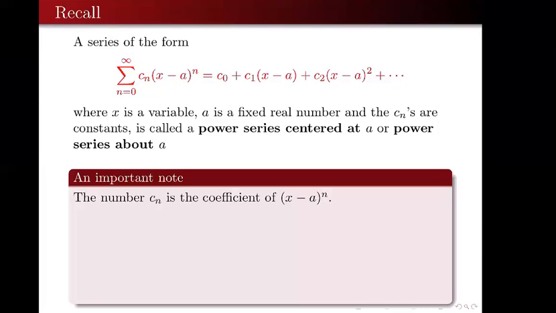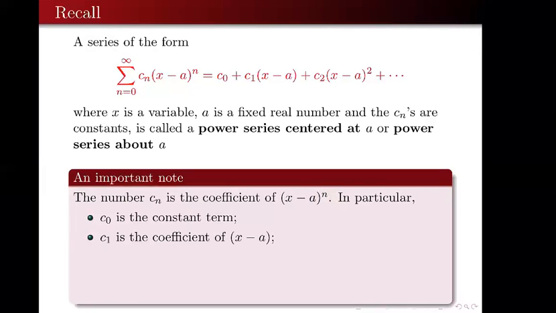Some important things to note. The c sub n is the coefficient of the term x minus a to the power n. The subscript of c corresponds to the power of x minus a. For example, c sub 0, you have x minus a to the 0, but we defined that to be the constant, or it's equal to 1. c sub 1 is the coefficient of x minus a.